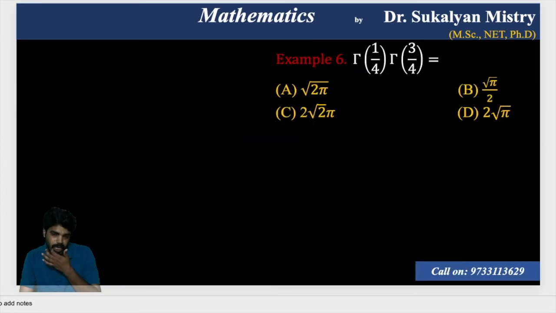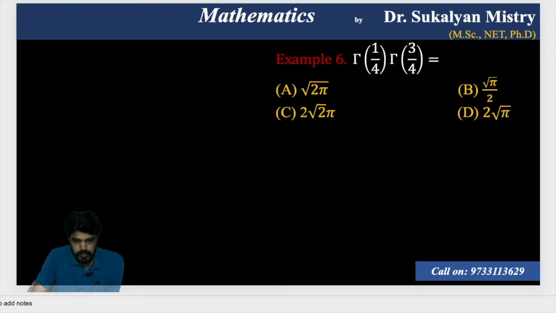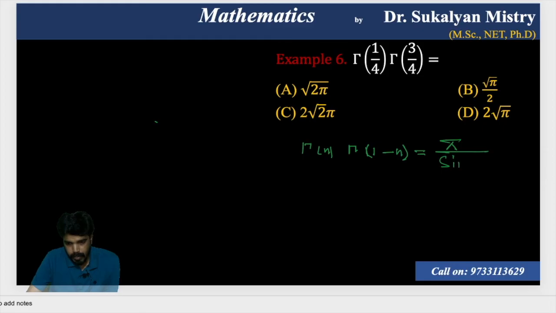We have to calculate gamma 1 by 4 into gamma 3 by 4. So we know the result: gamma n into gamma 1 minus n is pi by sin n pi. So we apply this result, gamma n into gamma 1 minus n is pi by sin n pi, right.